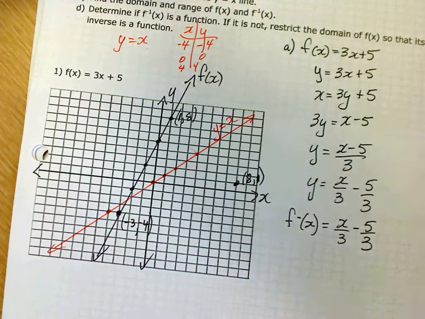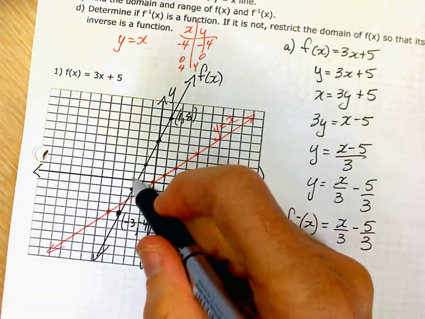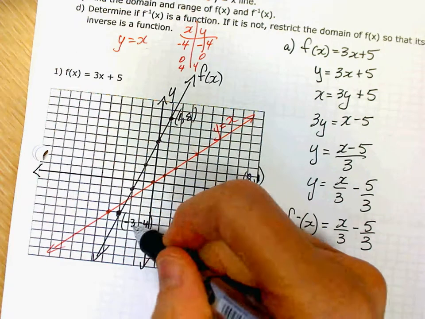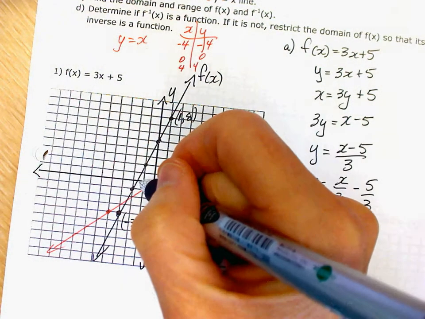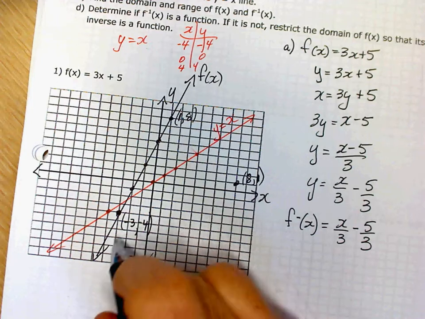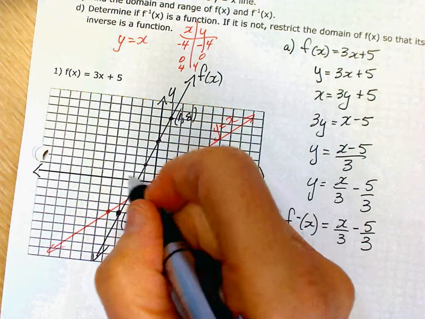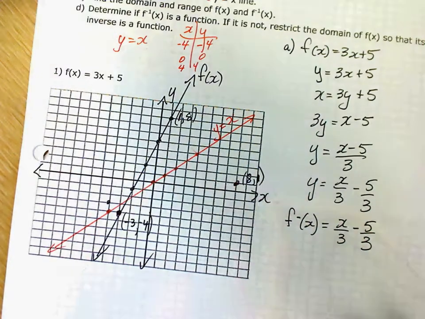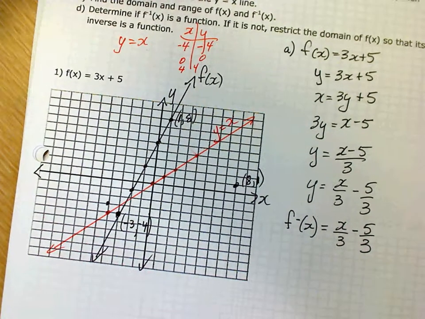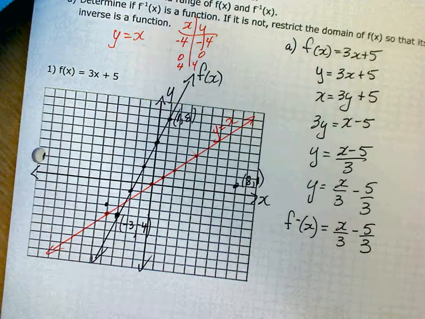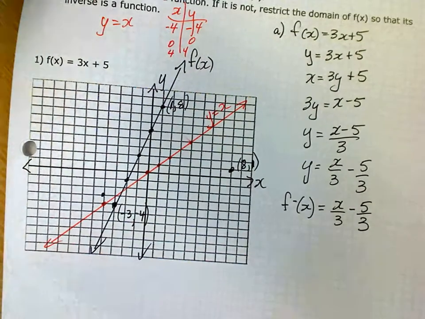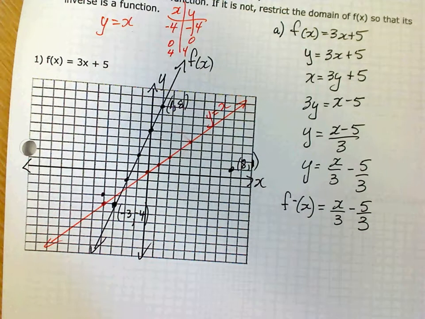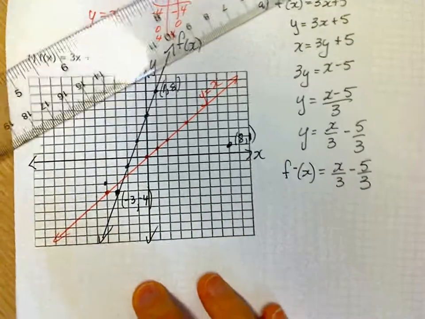So 1, 2, 3, 1, 2, 3. I'm just double checking. So our inverse will be negative because the x and y get switched, right? So this is 1, 2, 3, 4, 1, 2, 3. Let me draw that maybe with a blue line. So I am just going to draw that right now.